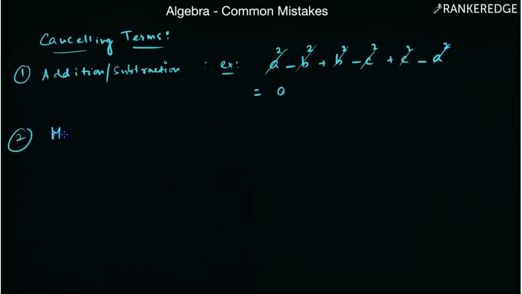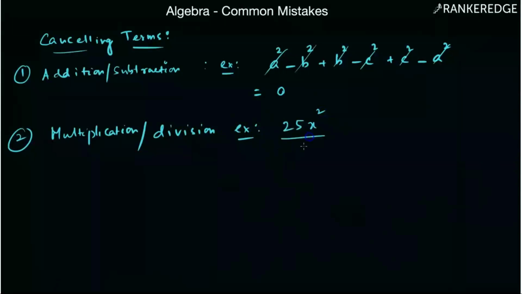In case of multiplication or division, let's take an example. 25x square by 5xy into 5y square divided by yx. So how will I cancel terms? This is a multiplication symbol between these two fractions. So if I want to cancel, how will I cancel? This 5 and this 5 I can cancel out, right?